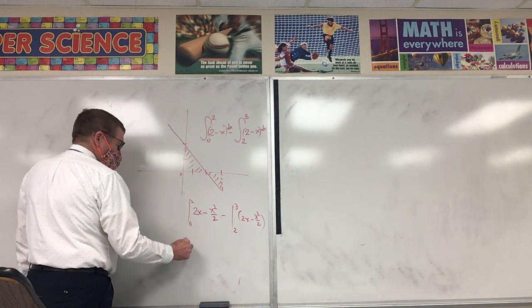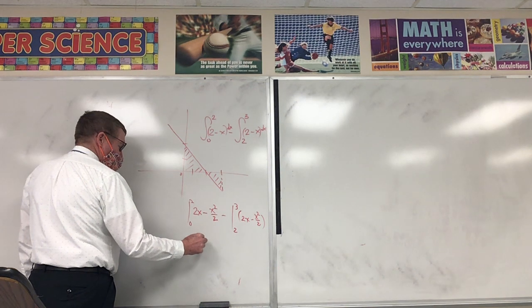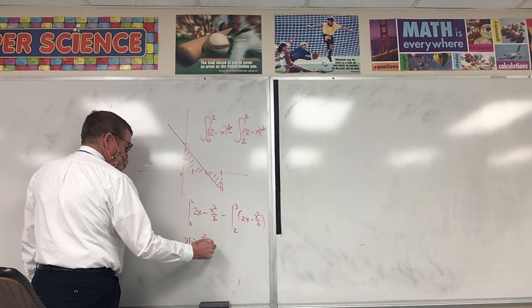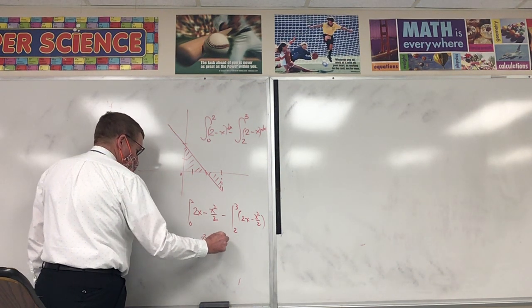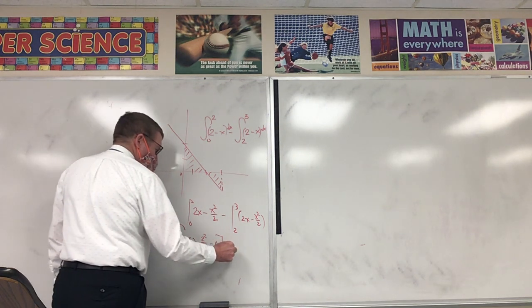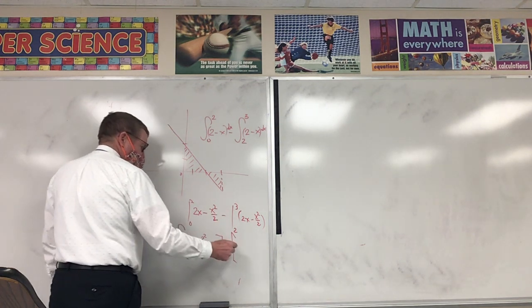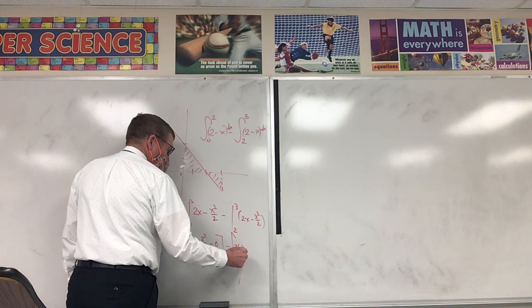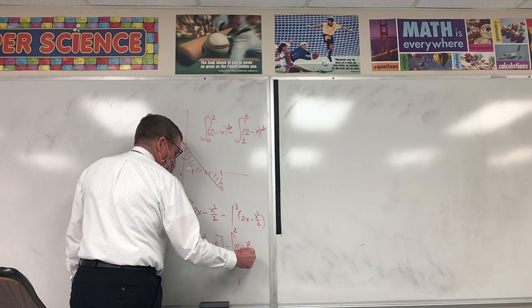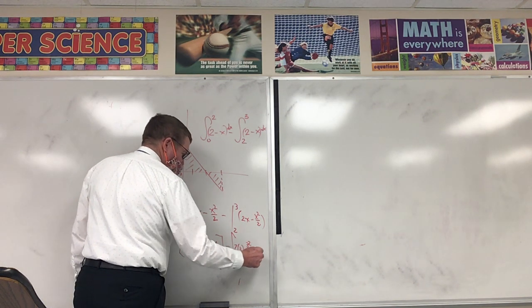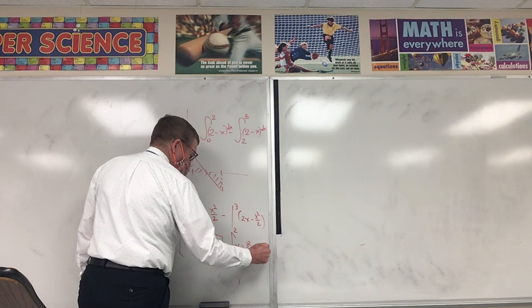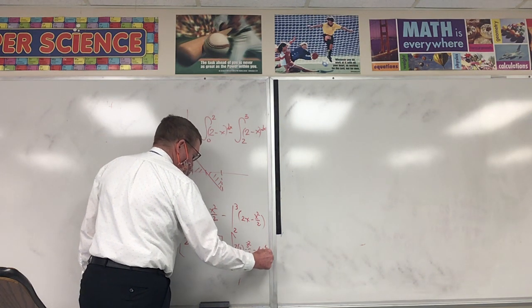So here we have 2 times 2 minus 2 squared over 2 minus 0, minus 2 times 3 minus 3 squared over 2 minus 4 plus 4 over 2.